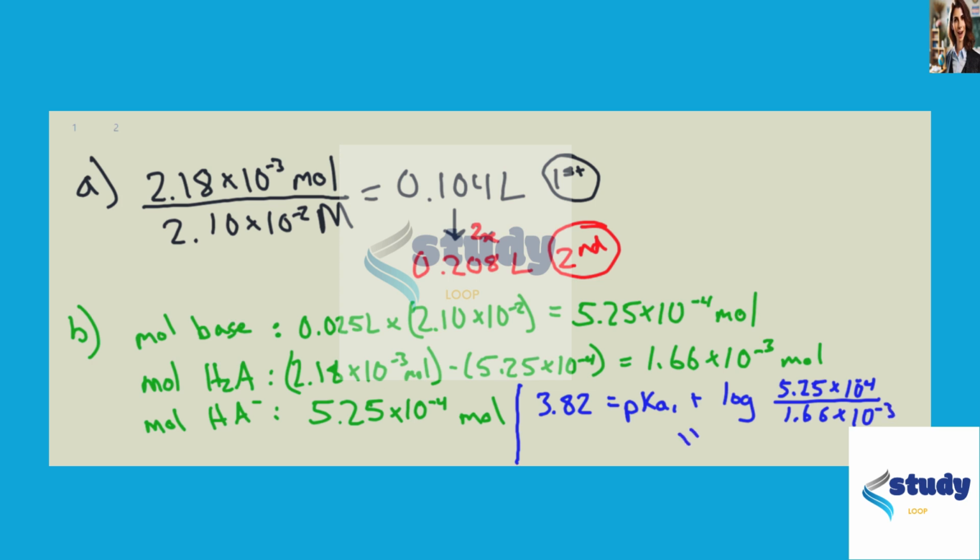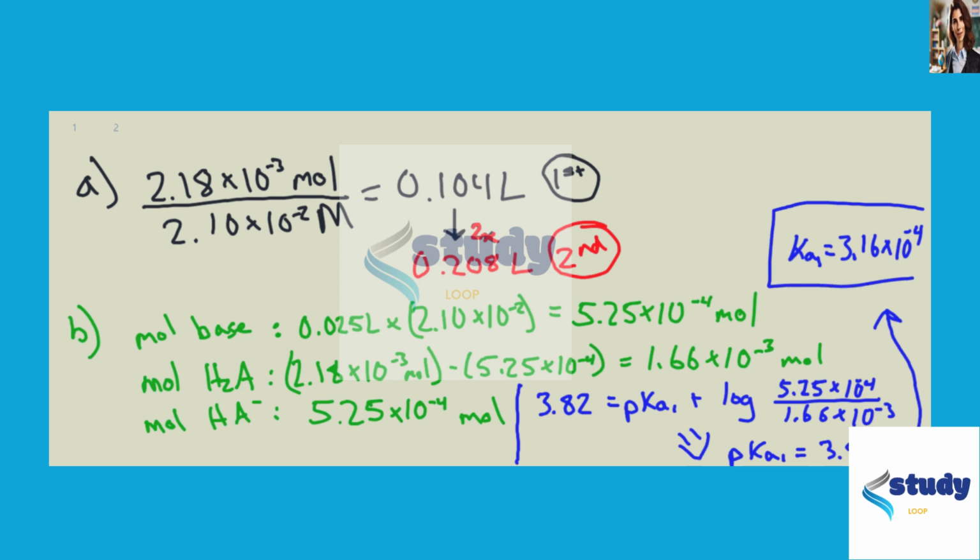When we do this calculation here, we get pKa1 is equal to 3.50, and we take the anti-log and get Ka1 is equal to 3.16 times 10 to the minus 4, which is our answer for part B.